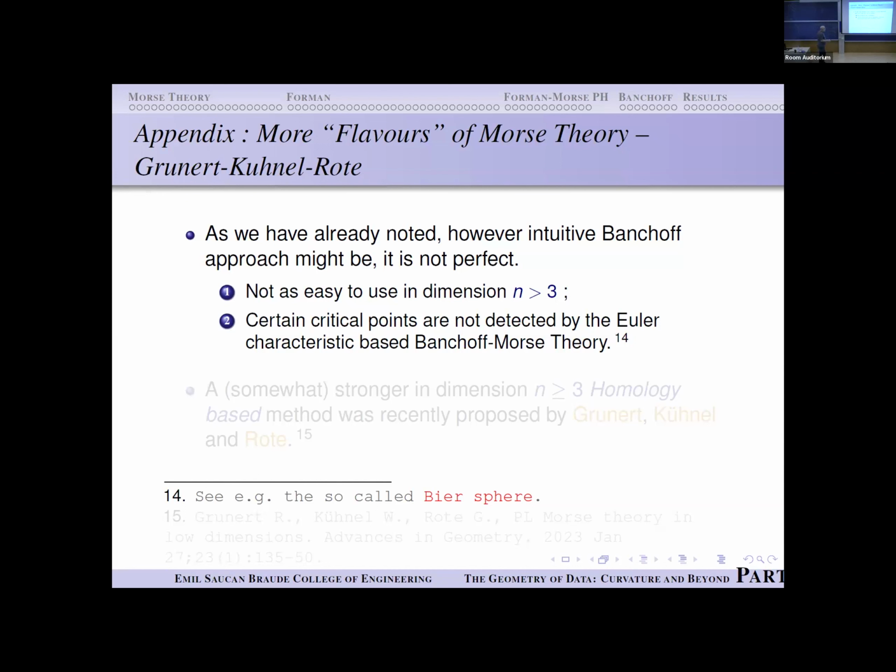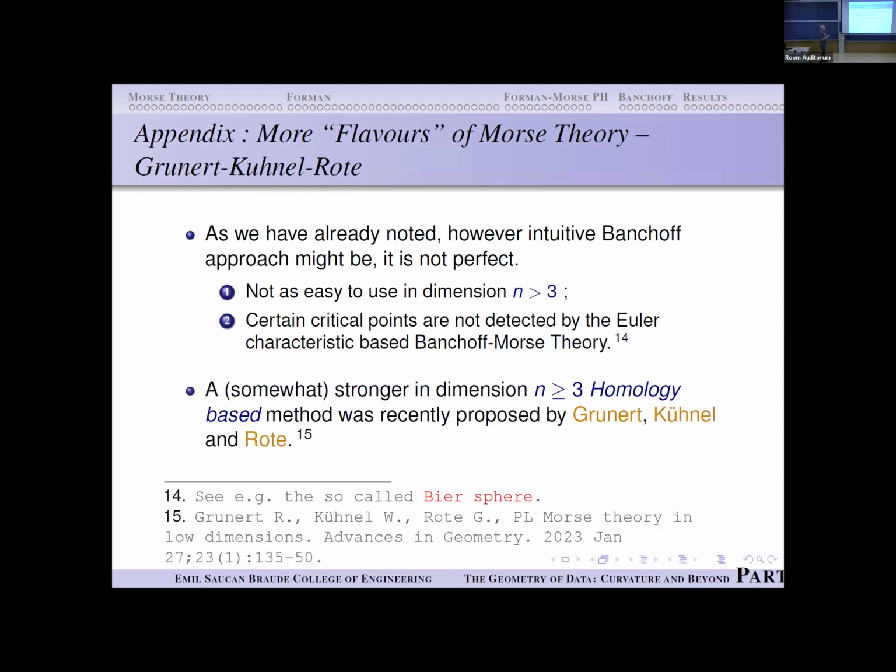And something else, which is a big improvement, I wasn't even aware, I have to confess, is that the Euler characteristic is not rightly seen or computed for certain types of critical points. So that's an improvement that these authors made. And for some pathological objects, one of them is called the Beer sphere.